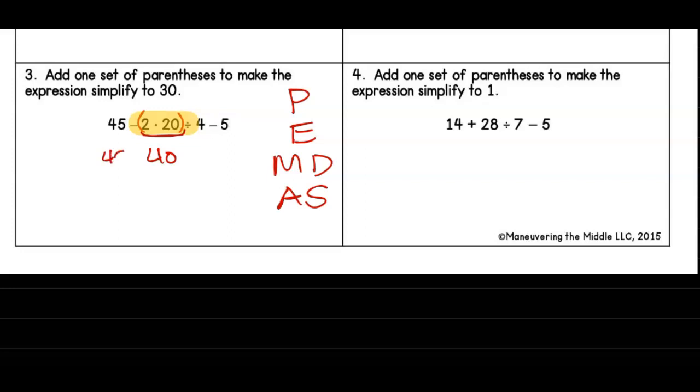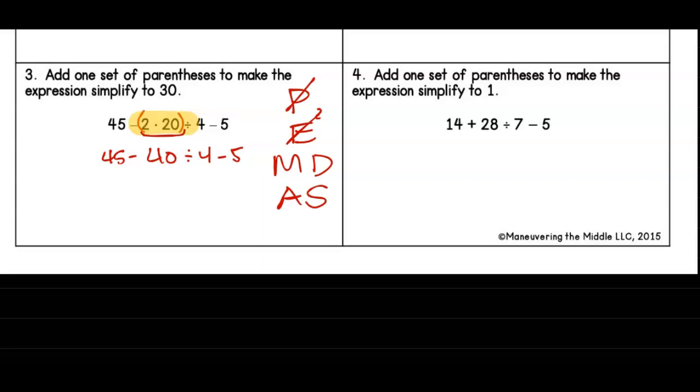So let's rewrite: 45 minus 40 divided by 4 minus 5. Let's see what happens. Now we've already solved our parentheses part. Do we have exponents? No. We don't even know what those are yet. Do we have multiplication or division?